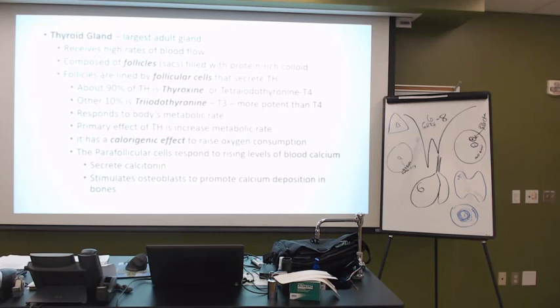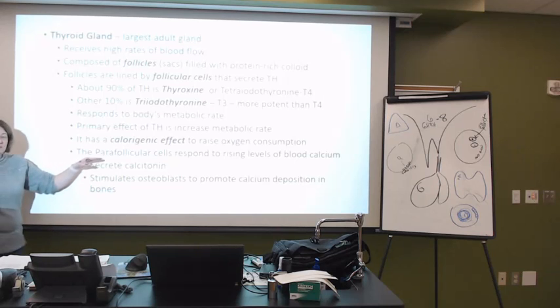So increasing oxygen use would affect metabolic rate. The goal is that as foodstuffs come in and the body makes demands, this hormone helps cells meet that demand.